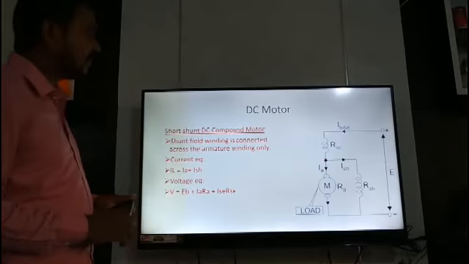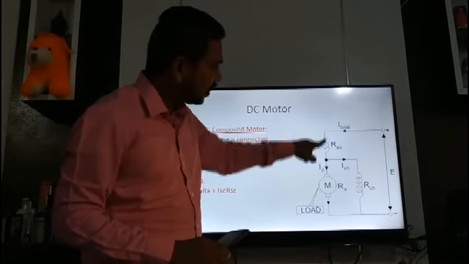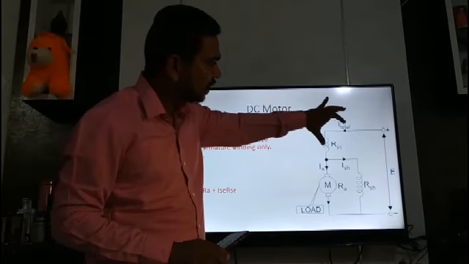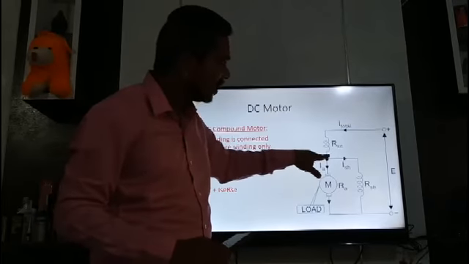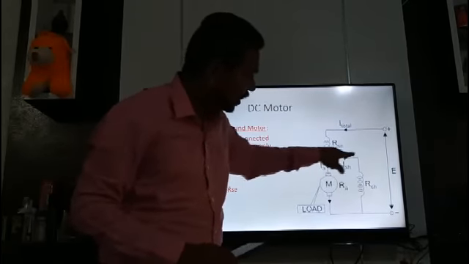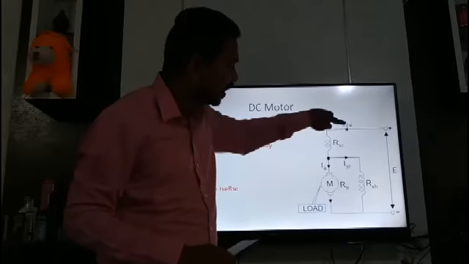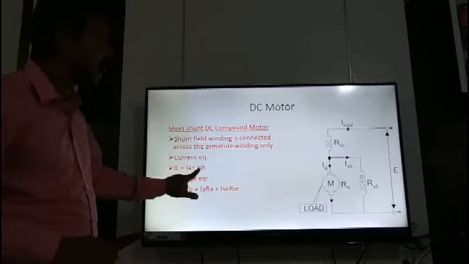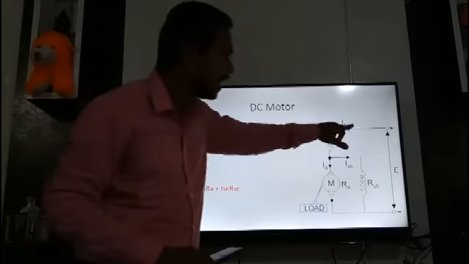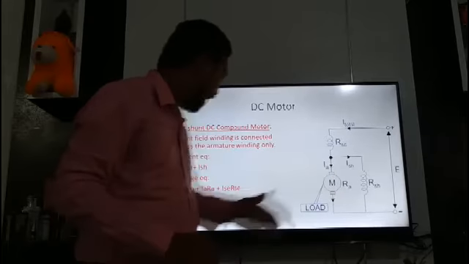So the current equation becomes, this is the total circuit current. This total current is also flowing through the series field winding. So we can say that the total current IL is equal to ISC. Now it is divided into two parts. One current goes to the shunt field and the second goes to the armature. So IL is equal to ISC is equal to IA plus ISH.